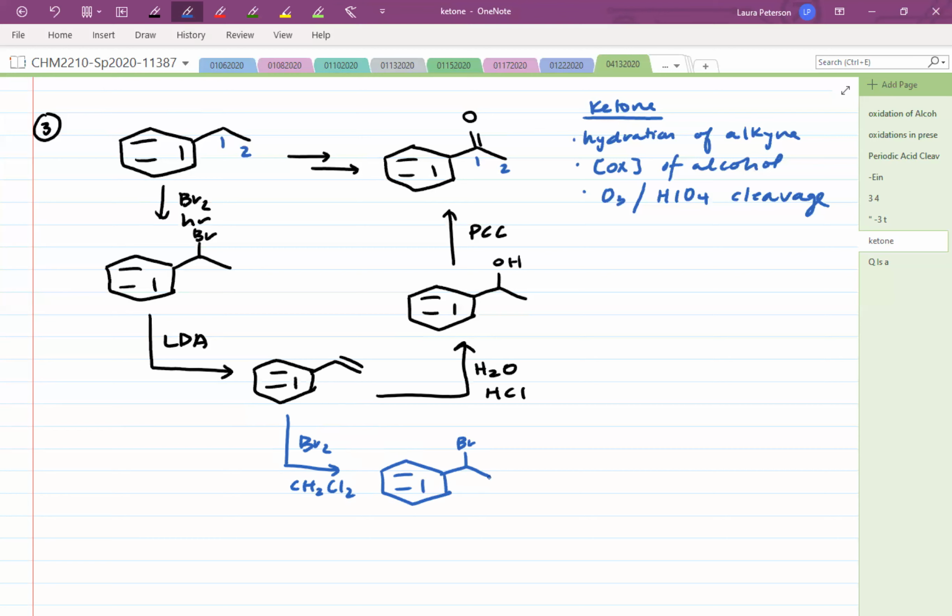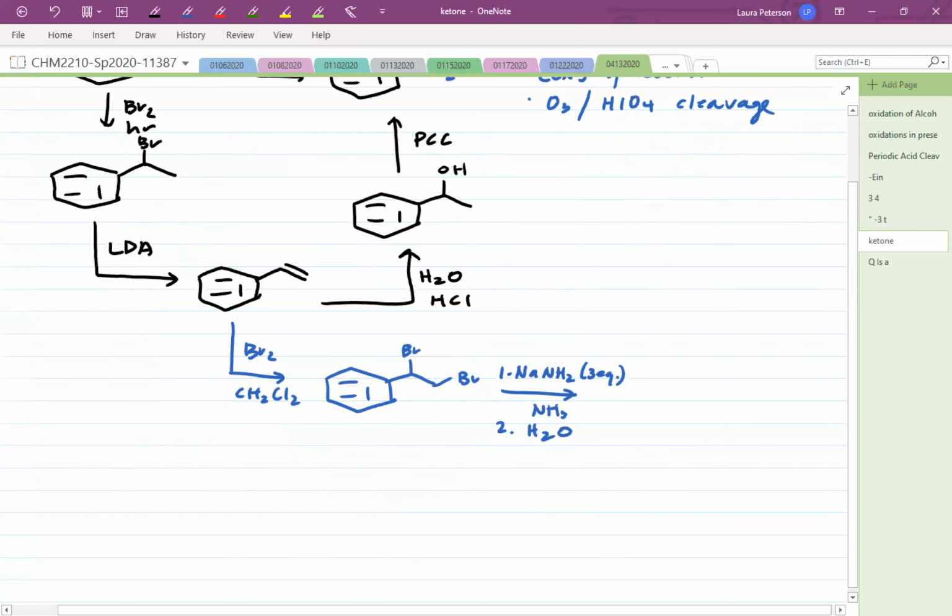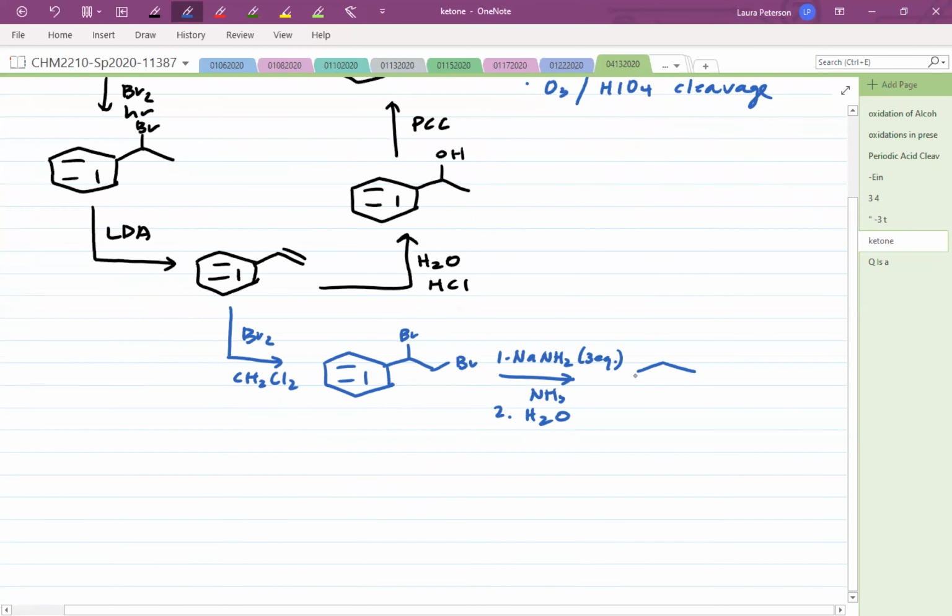Then I can do my double dehydrohalogenation to end up at the alkyne. Here I need 3 equivalents of NaNH2 in NH3, and then I need a workup step because I'm not adding any carbons here. That's going to give me the alkyne.